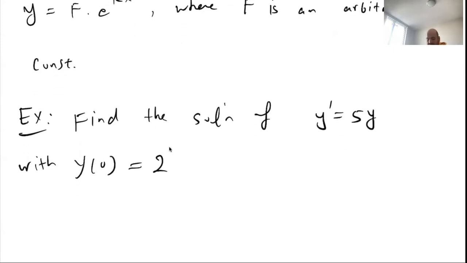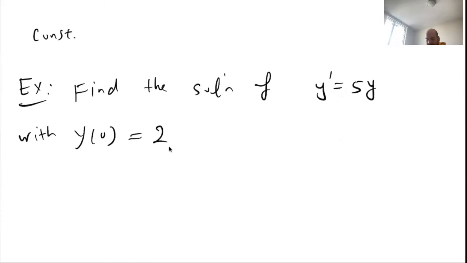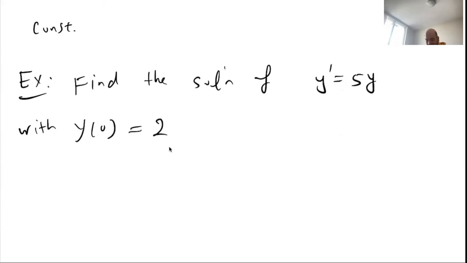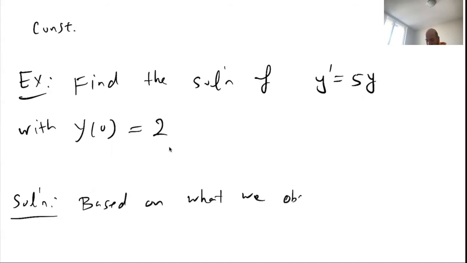So this is a special case of the previous example. We have done all the calculations already, so I can say the solution is based on what we observed above. Of course, if I give this question in the exam, you cannot say based on what we observed above. You have to repeat all the calculation we did in the previous example, again for these special constants, k and the initial condition.